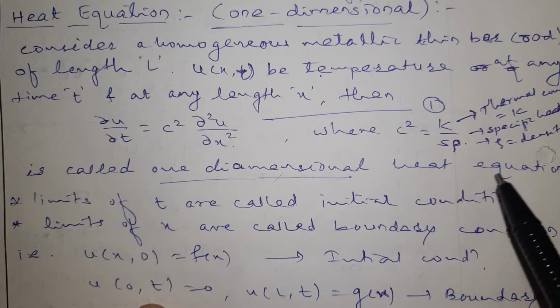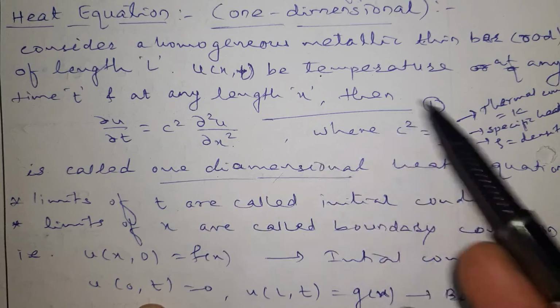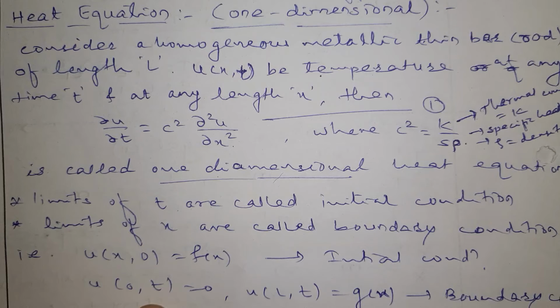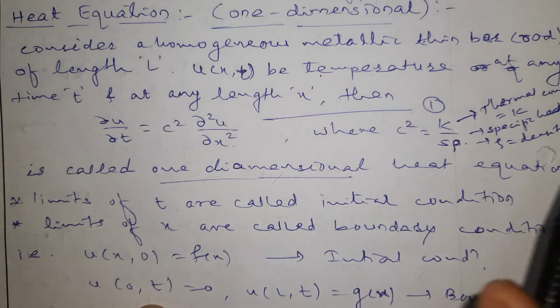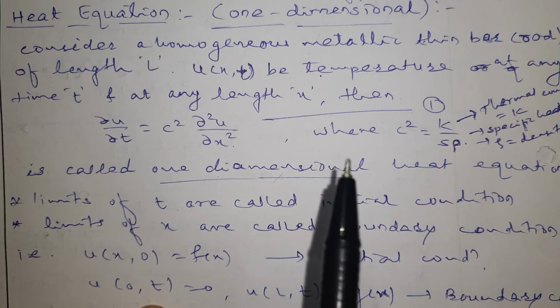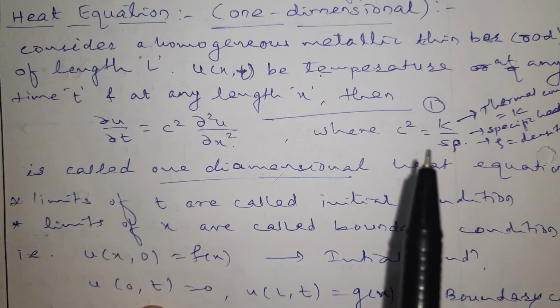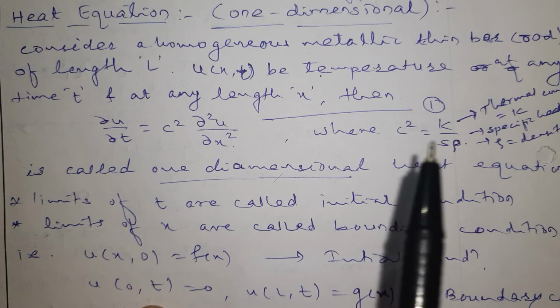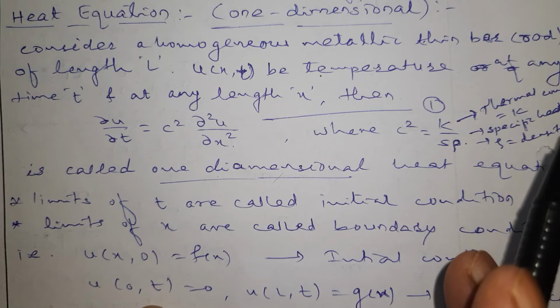Now you may wonder why this equation is called the heat equation. How does it appear, how does it come? If you want a detailed theory about it, then refer to a textbook of engineering mathematics written by N.B. Bali and Manish Goel, or engineering mathematics by Grewal, or Erwin Kreyszig, Higher Engineering Mathematics.